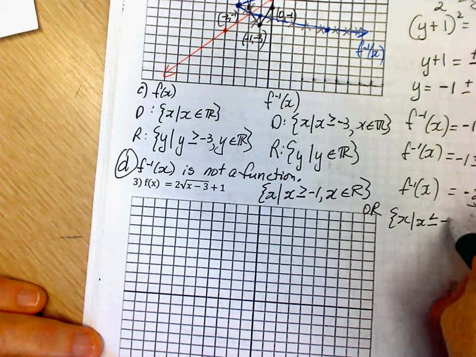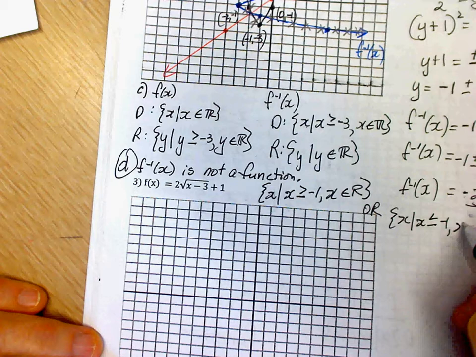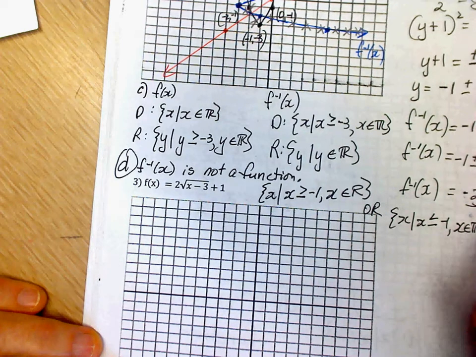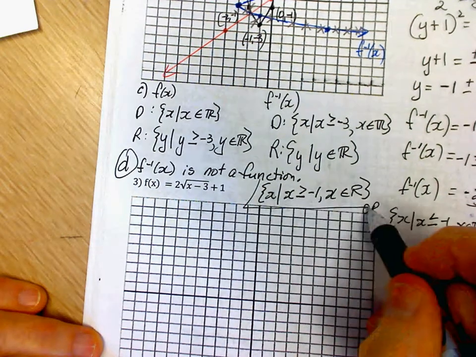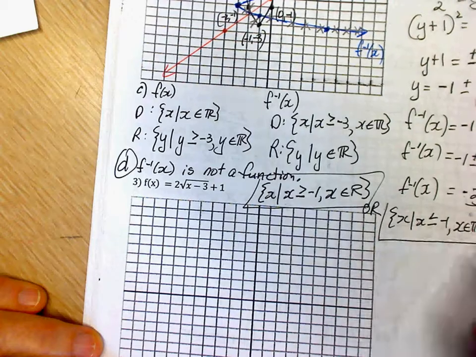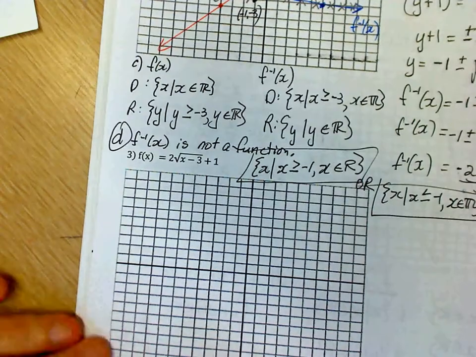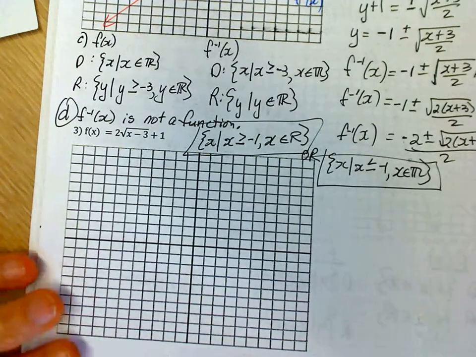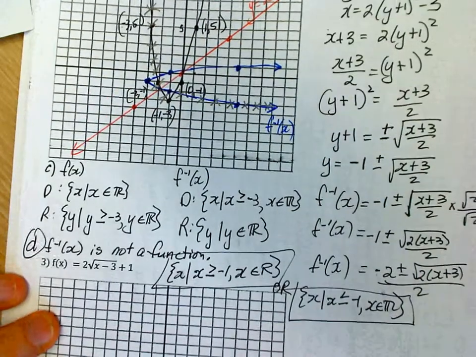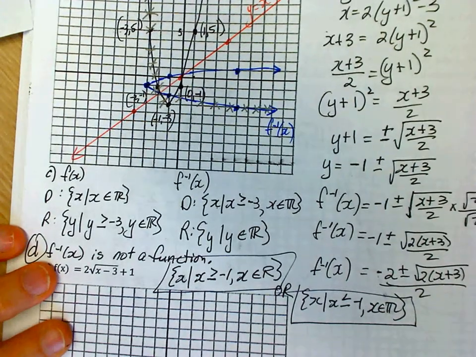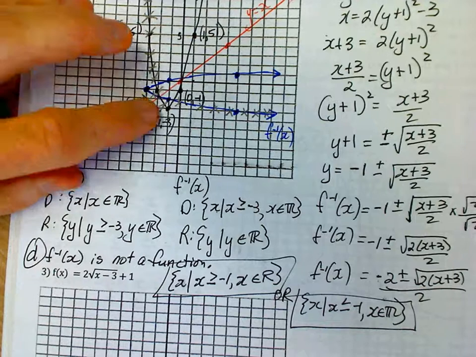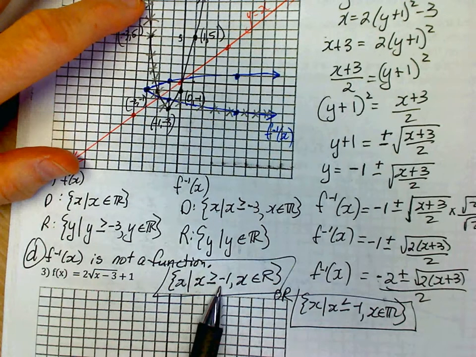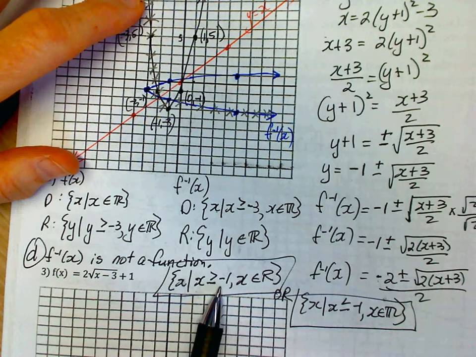So it's either this one or this one. If I knock off the left branch, I'm using this restriction. If I knock off the right branch, I'm keeping this restriction.